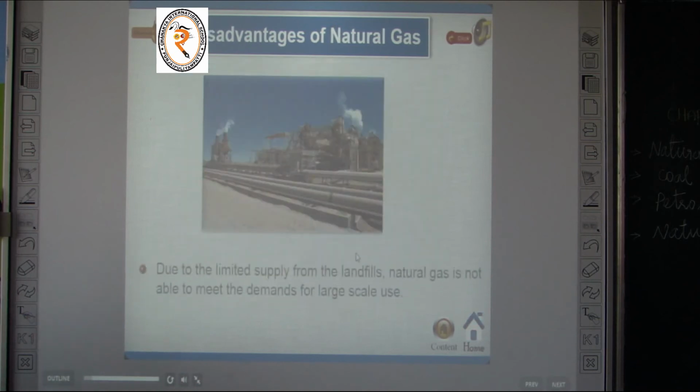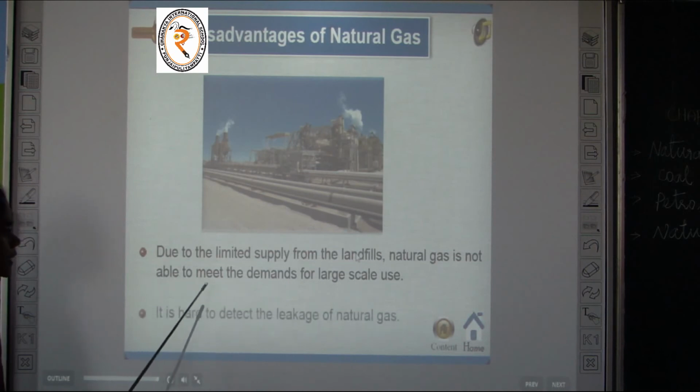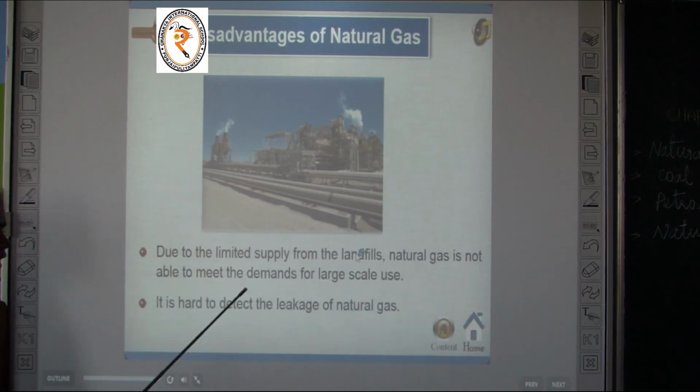What are all the disadvantages of natural gas? See, due to the limited supply from the landfills, natural gas is not able to meet the demands for large scale use. It is hard to detect the leakage of natural gas. We cannot detect the leakage of natural gas. So these are all the disadvantages of natural gas.